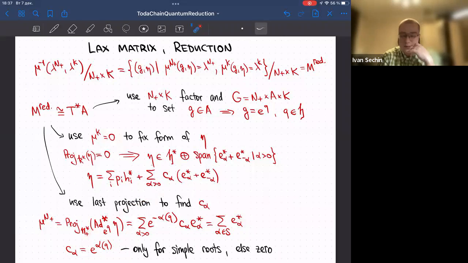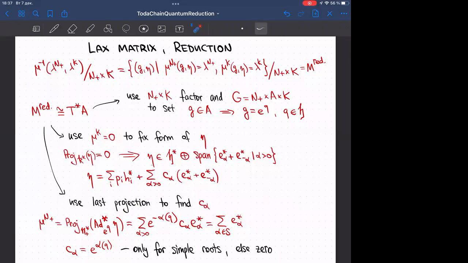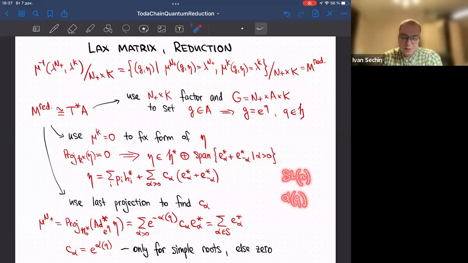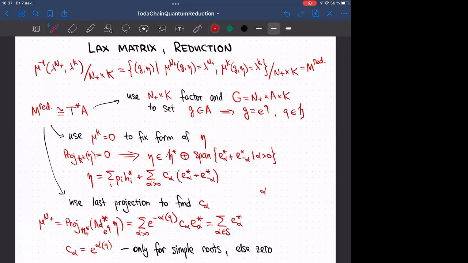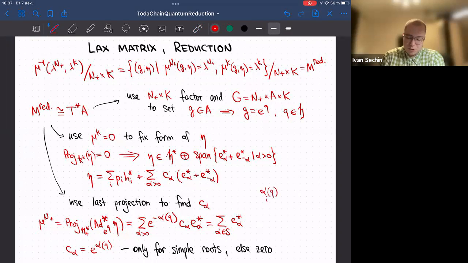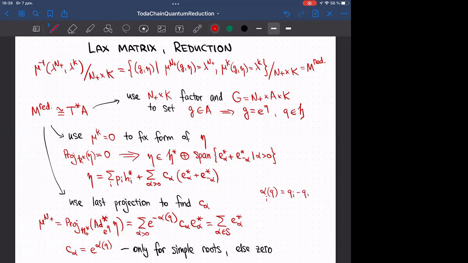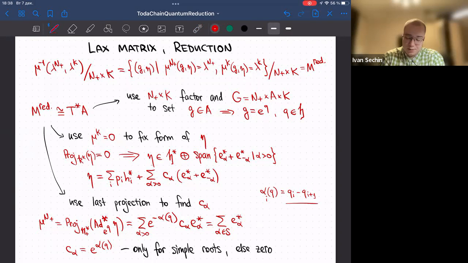We have a tridiagonal matrix here, and maybe for SLN, could you say what is alpha Q? So Toda's coordinates. For simple roots, we have just... Exactly, yes, and we here obtain Toda Lax.